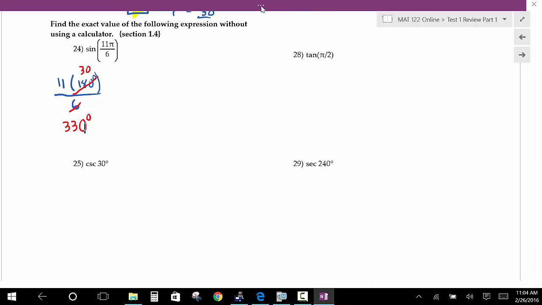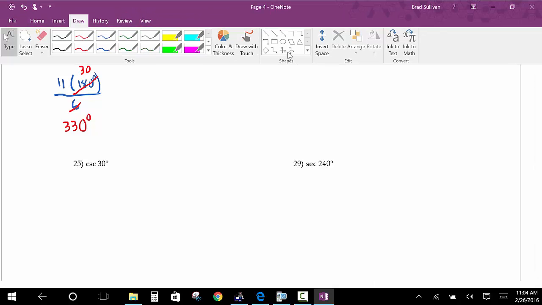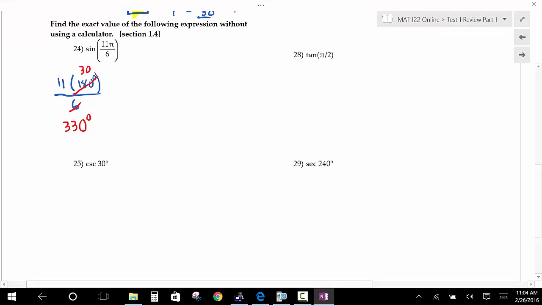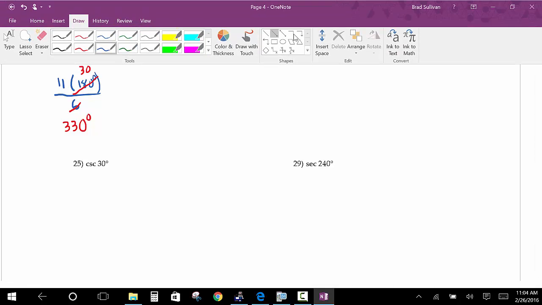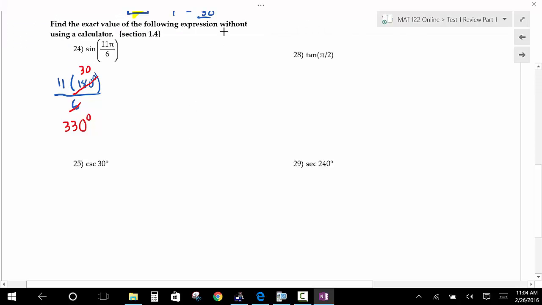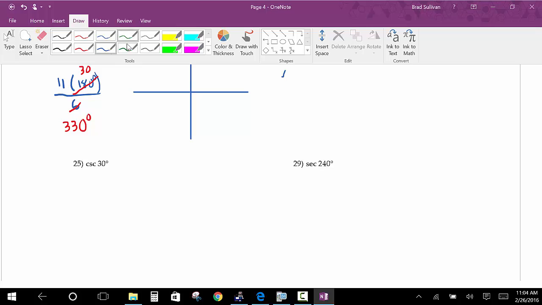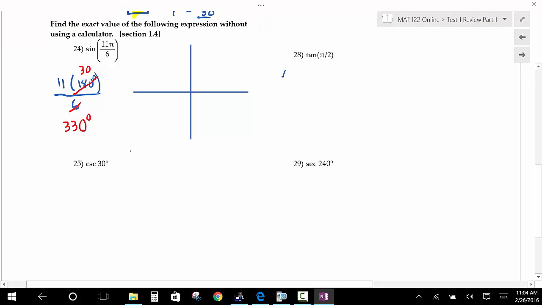All right, so let's take a look at what's going on in this problem. If we were to do a sketch of a 330 degree angle, let's do that on a coordinate system. We're going clockwise. 330 is a little less than all the way around a circle.